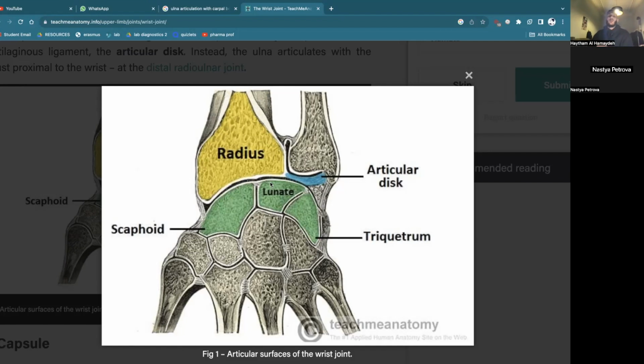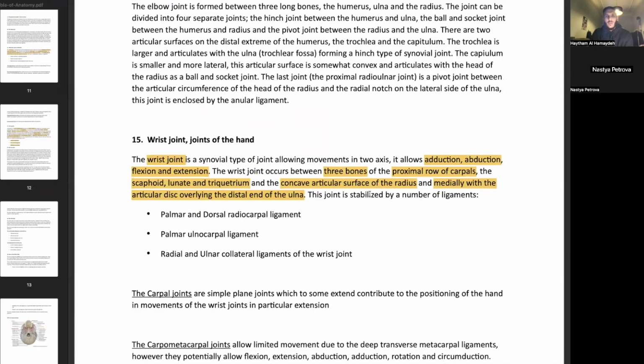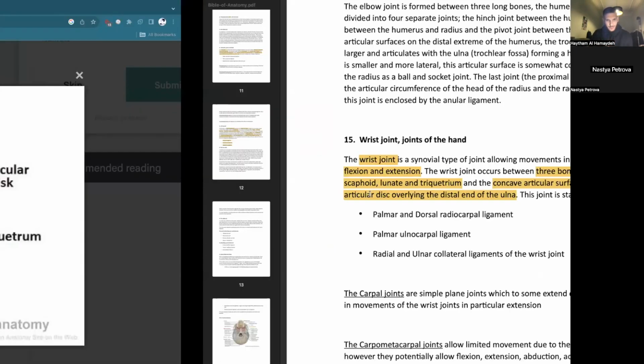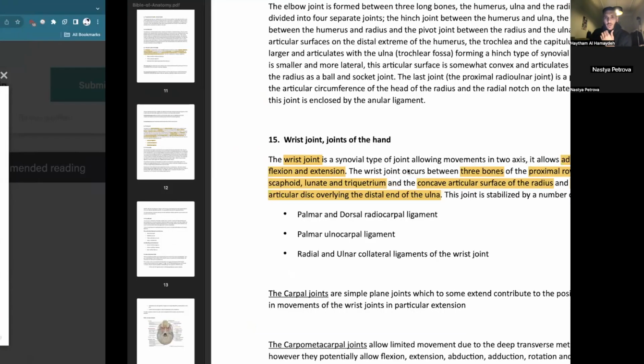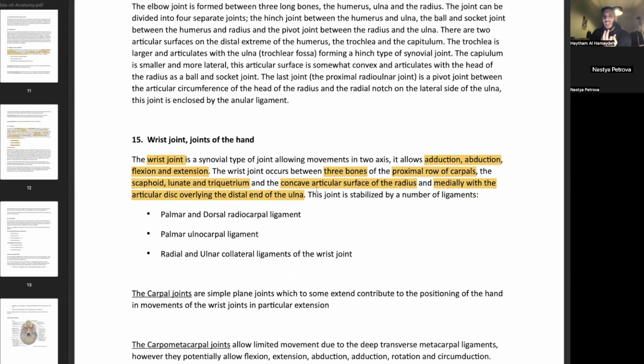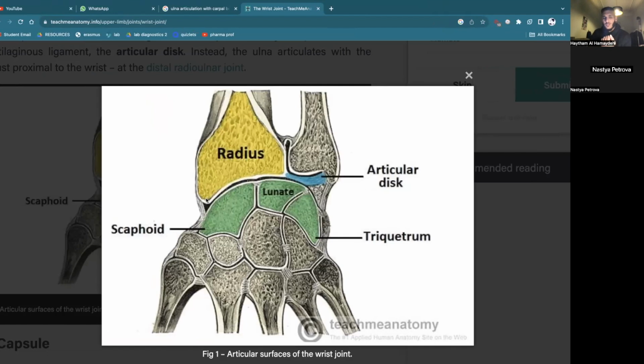Okay, so now this document tells us you have 3 bones, proximal row of carpals: scaphoid, lunate, triquetrum. Easy? You have the concave articular surface of radius.